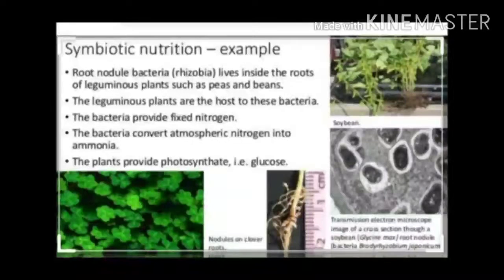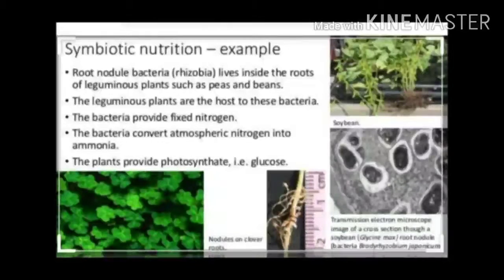In lichens, alga or autotroph and fungus saprophyte depend on one another for their nutritional needs. The fungus supplies water and minerals to the alga. The alga, being green and autotroph, synthesizes food by photosynthesis and supplies organic food to the fungus.